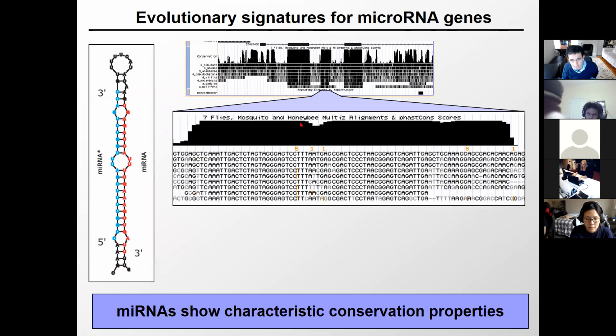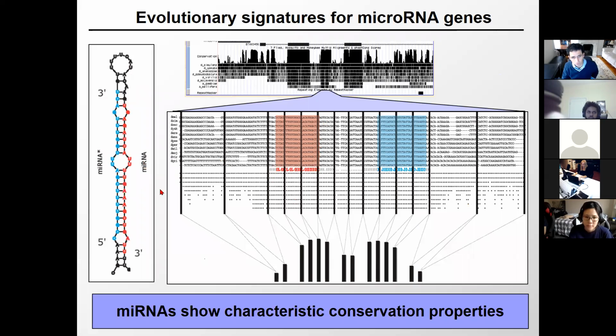And if you look at this alignment, you basically see this characteristic shape of high conservation, low conservation, high conservation. And we can use this property as one of the signatures of known microRNAs.